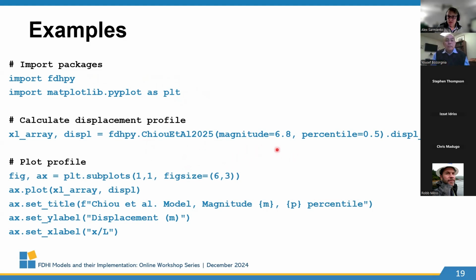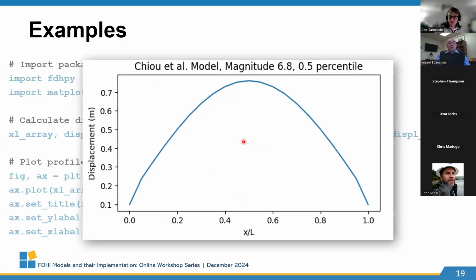These are my parameters, magnitude 8, the median displacement profile. And then the calculation I want to perform is displacement profile. That profile is going to return a default location array and the displacement amplitudes. And then this is just the plotting syntax if you're familiar with matplotlib. That gives us our displacement profile for the specified parameters.